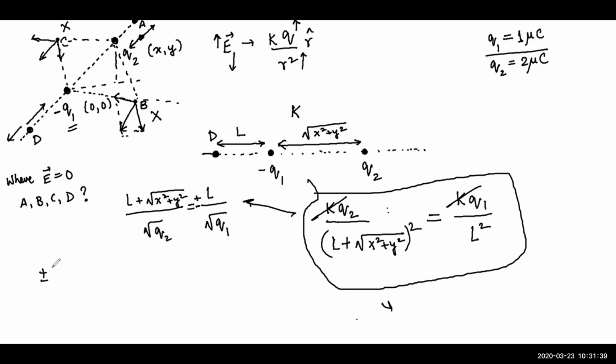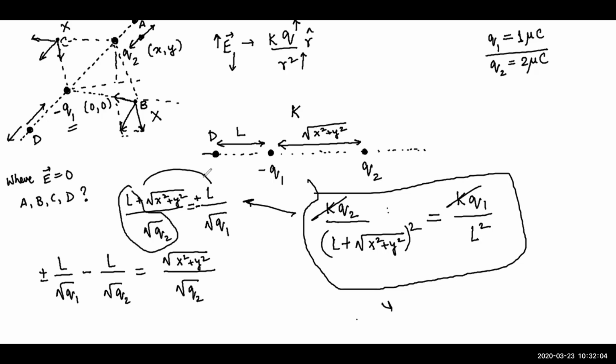We get plus or minus L over square root of Q1 minus L over square root of Q2 is equal to square root of x squared plus y squared divided by square root of Q2. This is just algebra. All that I did is took the L over square root of Q2 that appeared over here to the other side, and then just rearranged things, and that's what it looks like.